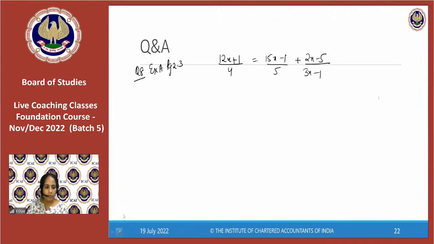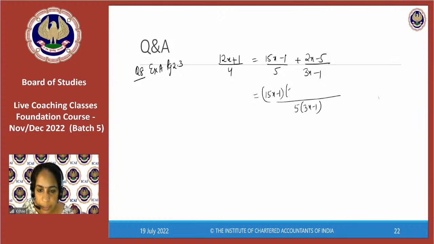So what we would be doing here is take up the LCM, 5 into 3x minus 1. So this becomes 15x minus 1 into 3x minus 1 plus 2x minus 5 into 5 equals 12x plus 1 by 4.